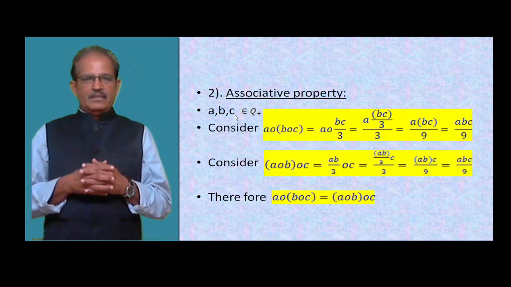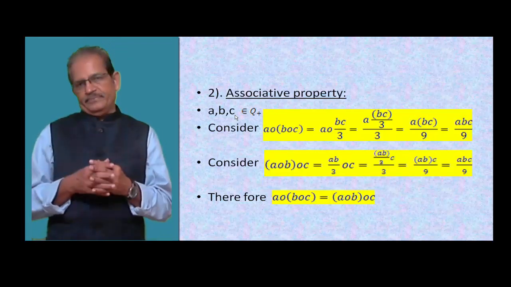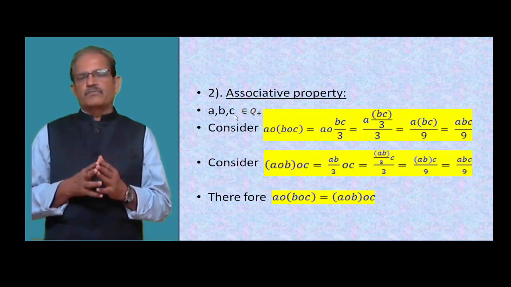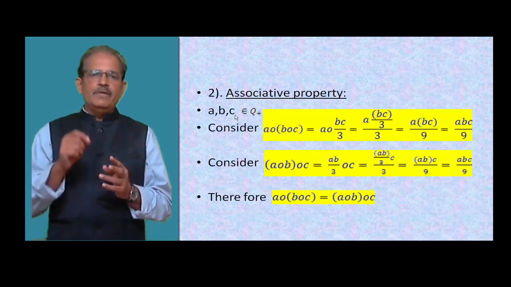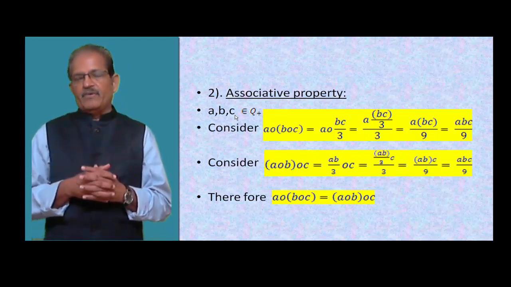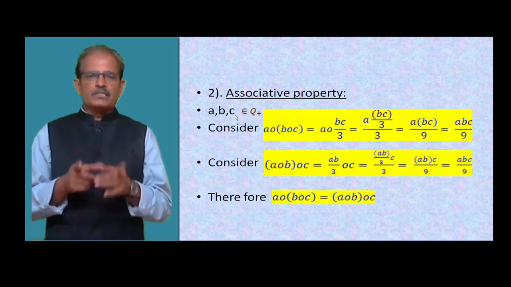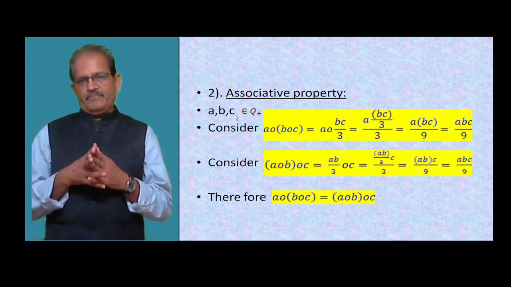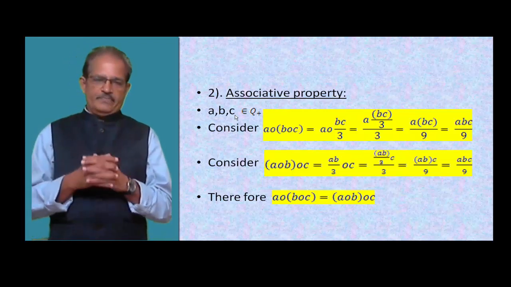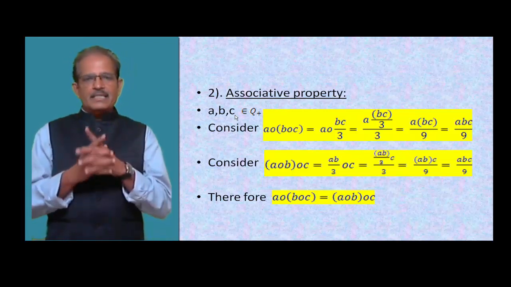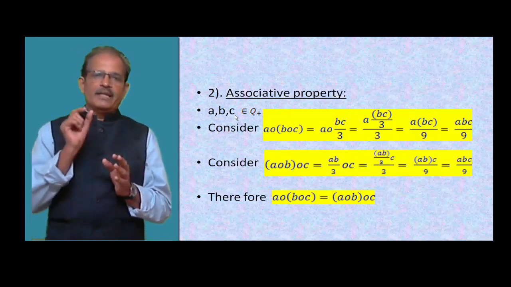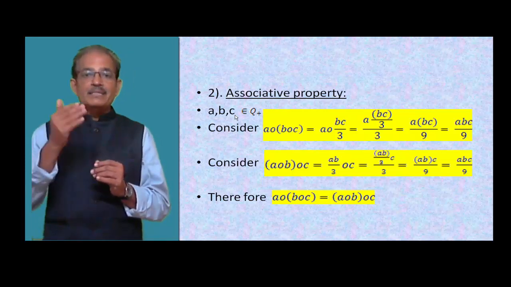So second one, in the same manner, the associative property. For the associative property, we have to take three elements of the set, A, B, C. Three elements of Q plus. What is Q plus? The set of all positive rational numbers. Now consider A O (B O C). So that is equal to A O, and what is B O C? By the definition of binary operation O, it is BC by 3.